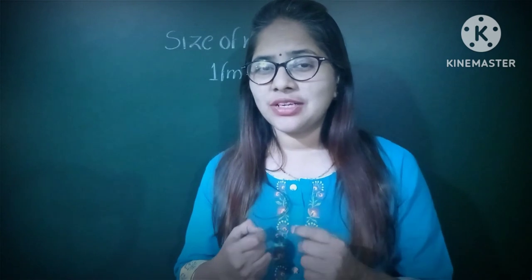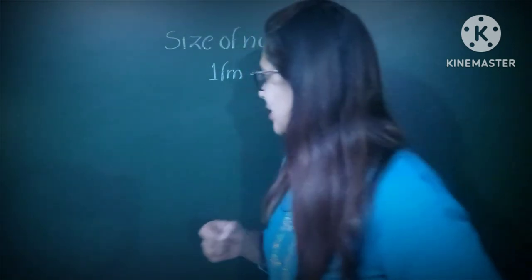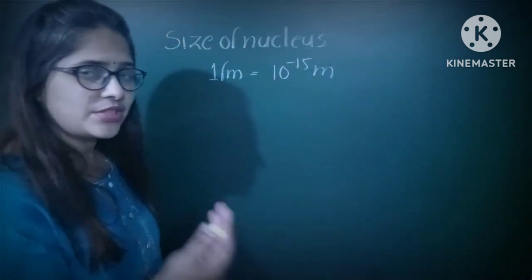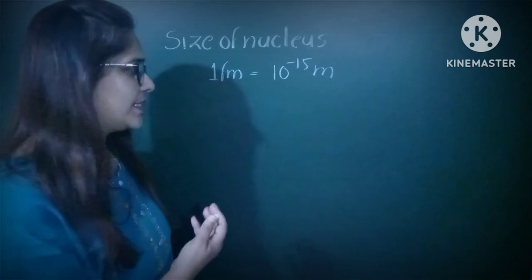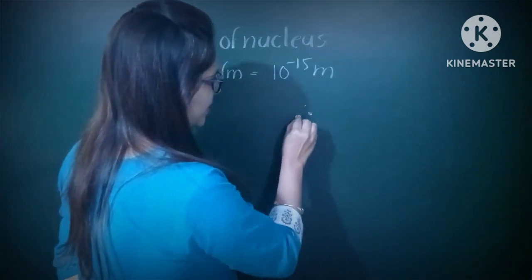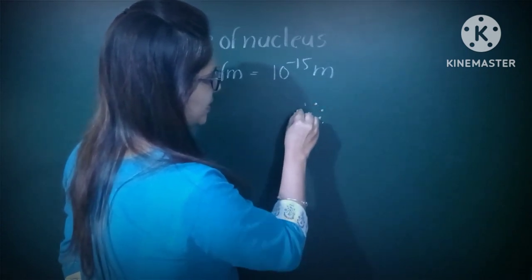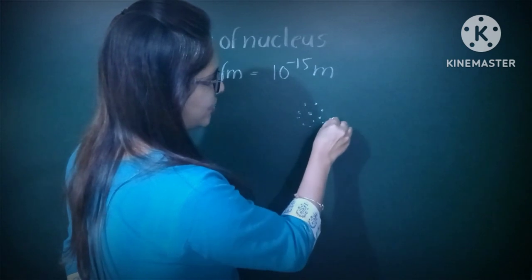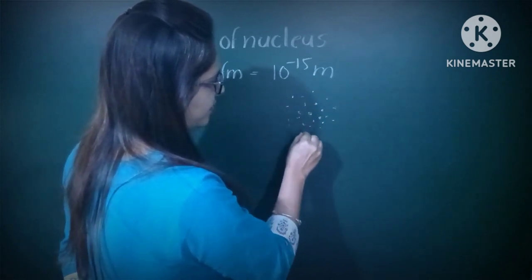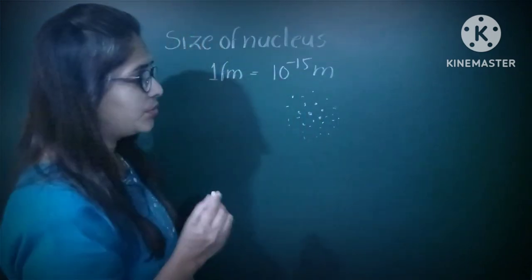Let me show you the graph of the charge density versus the distance. We know that the nucleus consists of protons and neutrons. These are the charges present inside the nucleus, and these are the nucleons inside it. As I have said, it does not have any sharp boundary, so this is the quantum mechanical picture of the nucleus.